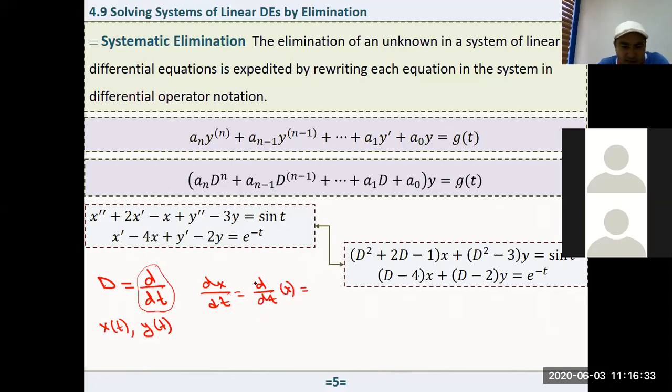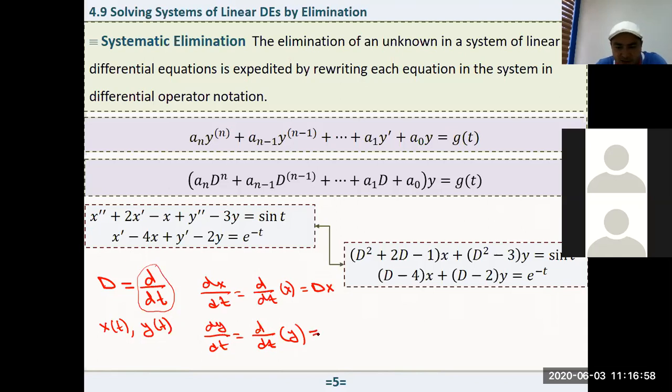So what is d/dt? d/dt is capital D. So I can just write it as capital D x. How about dy/dt? That is equal to d/dt, and I am differentiating the function y with respect to t. So what is d/dt? We denoted this by capital D.